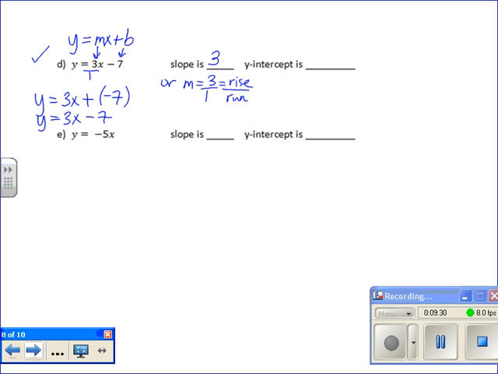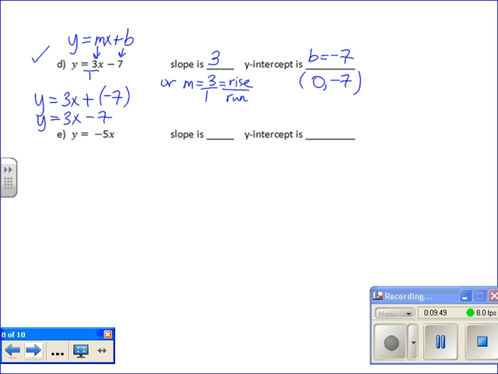If you have a negative value at the end, that tells you that your b value, your y-intercept, is negative. It's a negative number on the y-axis, so it's below 0. So b is equal to -7. In other words, that's the point 0 for x, -7 for y.